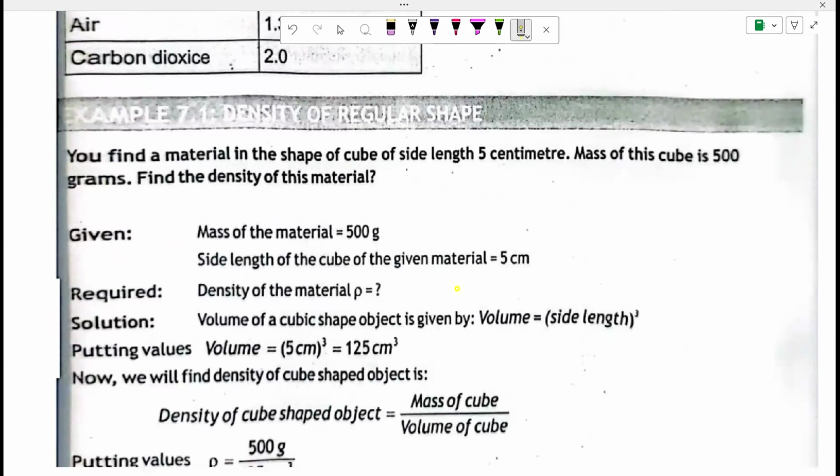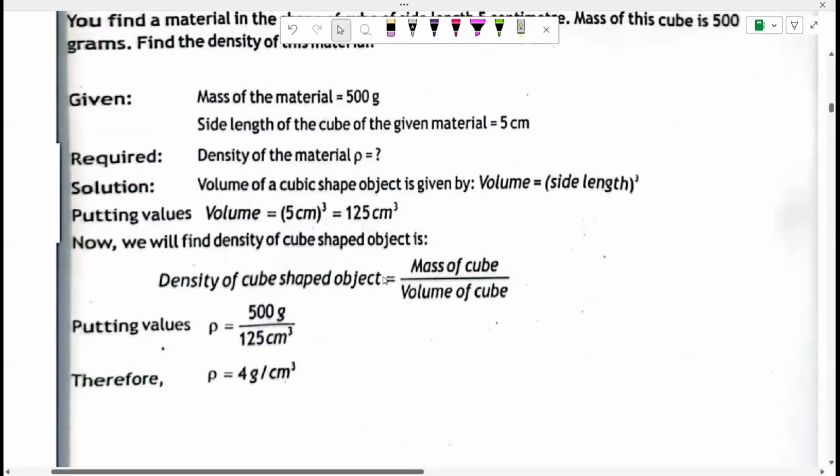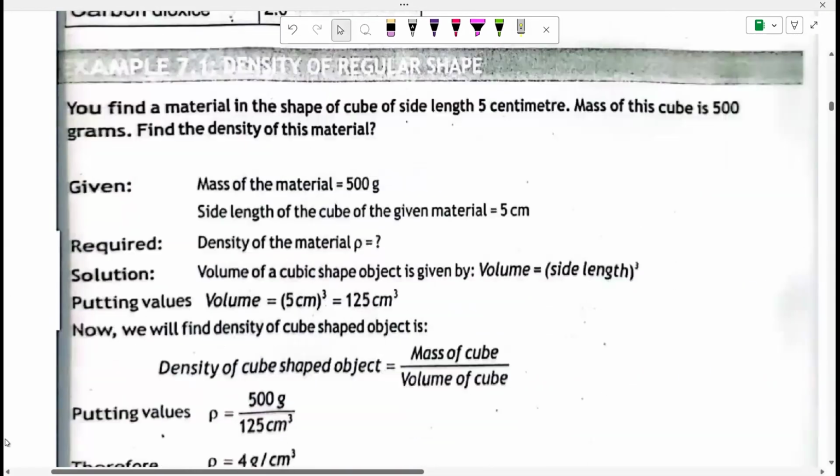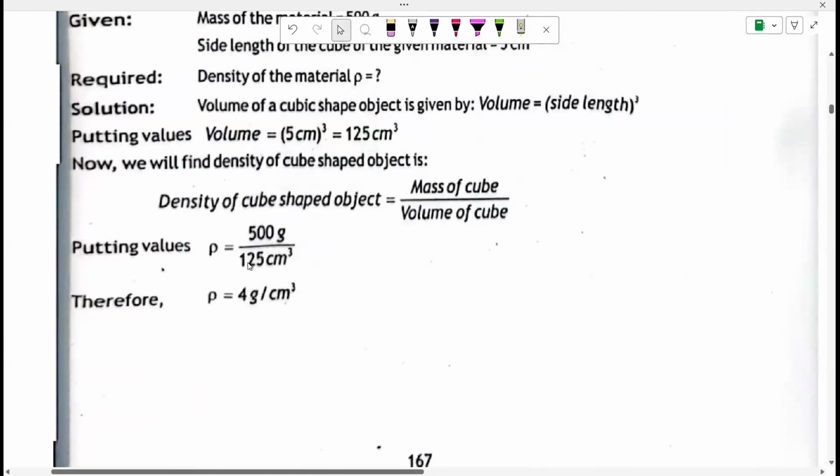The mass is given as 500 grams and the volume is given as 5 centimeter cube. ठीक है, so mass of this 500 grams, find density, so 500 divided by 125 क्यूब है. क्यूब का वॉल्यूम किसकी इक्वल होता है? क्यूब एक रेगुलर शेप्ड ऑब्जेक्ट होता है एंड उसकी ईदर साइड्स क्या होती हैं? इक्वल होती हैं. सो 5 into 5 into 5 would give us 125 सेंटीमीटर क्यूब ऑफ वॉल्यूम. सो मास डिवाइड बाय वॉल्यूम इज 4 grams per centimeter cube.